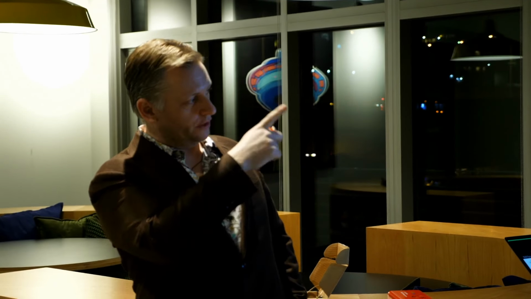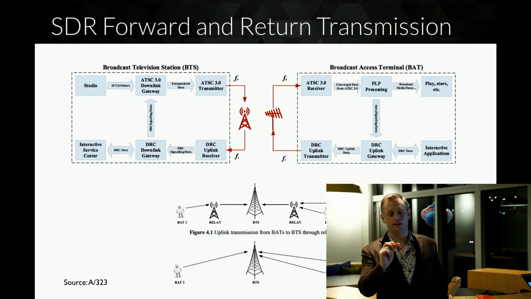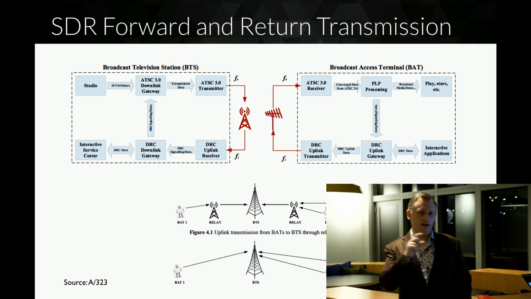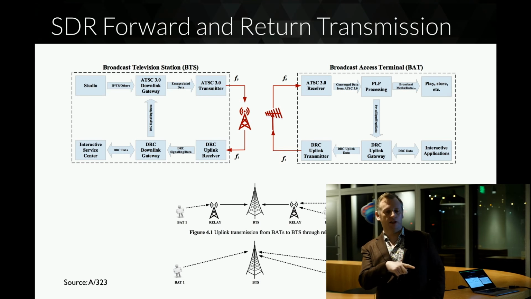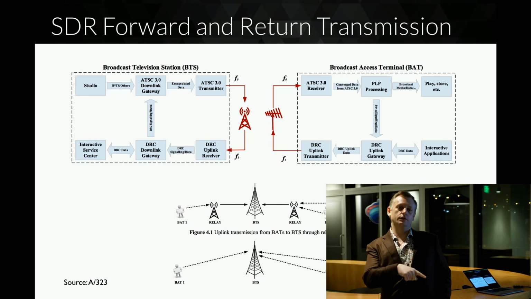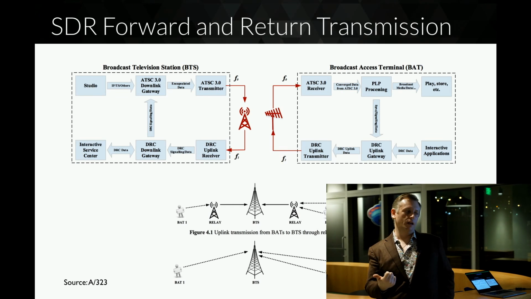About 2 months ago, the same engineers that figured all the other stuff out figured out how to make these devices communicate back in that same forward block of spectrum. What that means is now any ATSC 3.0 capable receiver that complies with this specification can be an addressable device and communicate back.